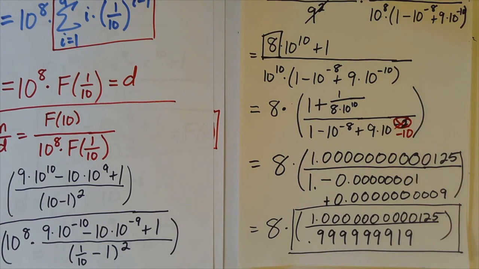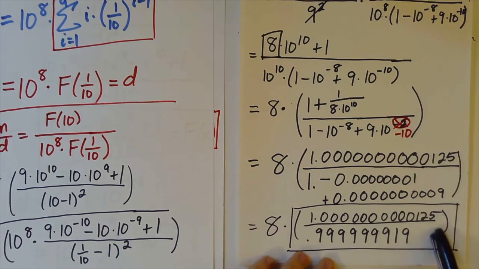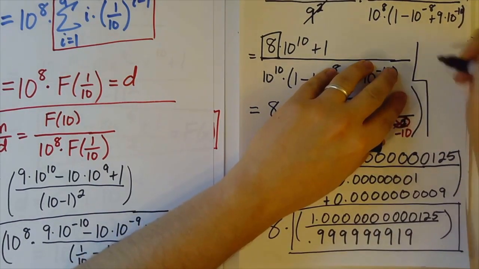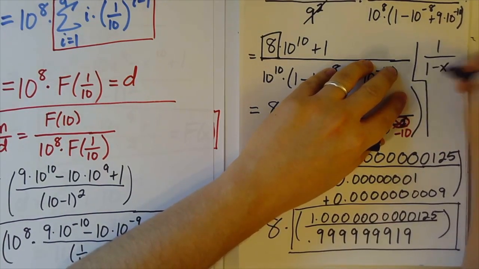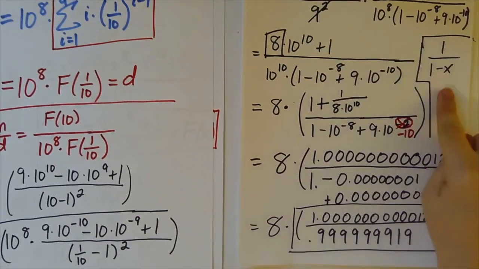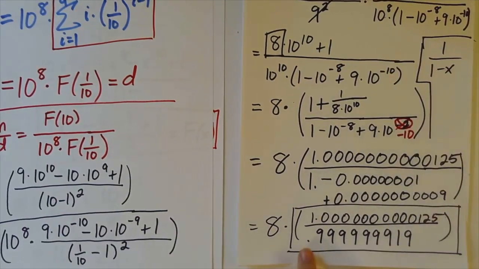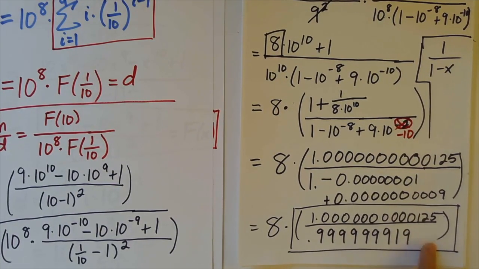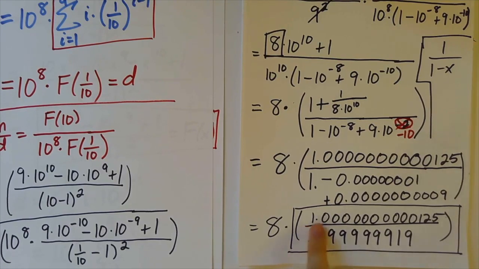And hint, you can by considering how this number relates to the power series of 1 over 1 minus x. Namely, it is the power series of 1 over 1 minus x with a tiny, tiny, tiny value plugged in for x to make this the denominator, and then multiplied by this number, which is 1 plus some tiny, tiny, tiny number. Okay. So that's extension 1.